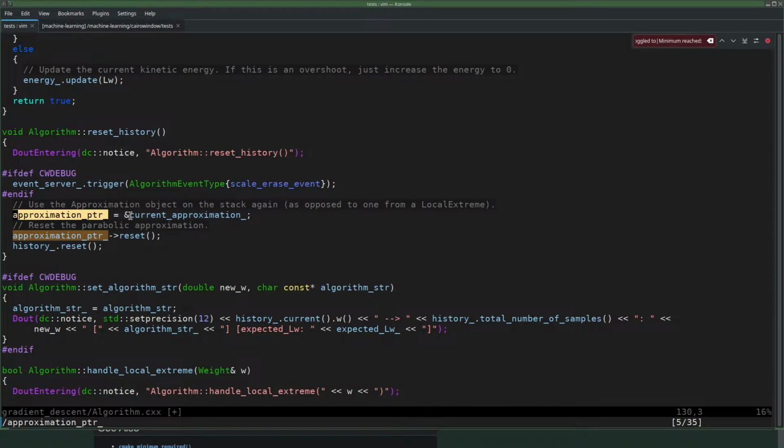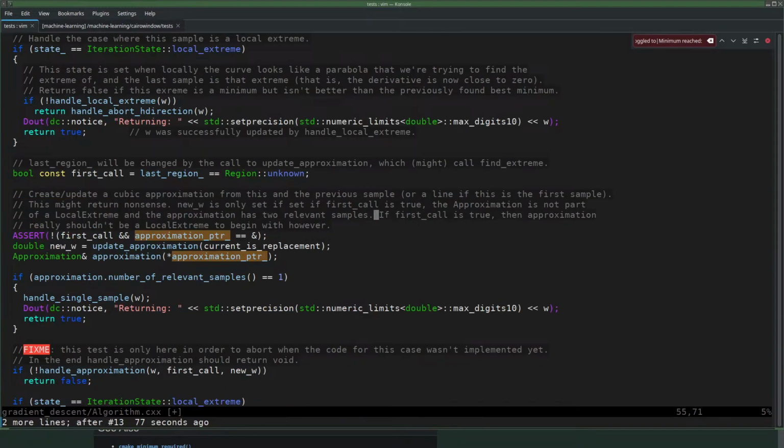No, current approximation of algorithm. It's rather not first call, or it's on the stack.